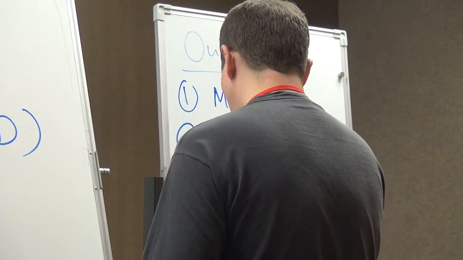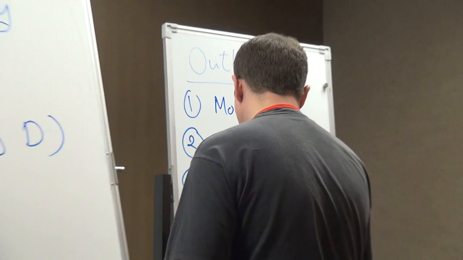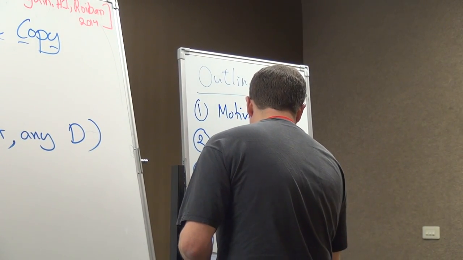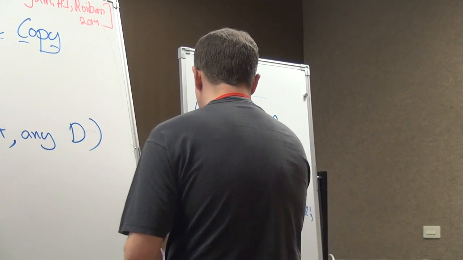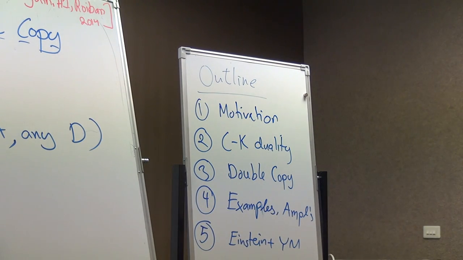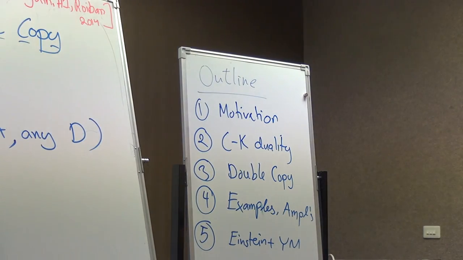And then by tomorrow I will get to this theory, which is a Yang-Mills theory. And I might get to some other stuff if I have time, but that's roughly the outline. So let me start by saying something about color-kinematics duality before I say a bit more about motivation.